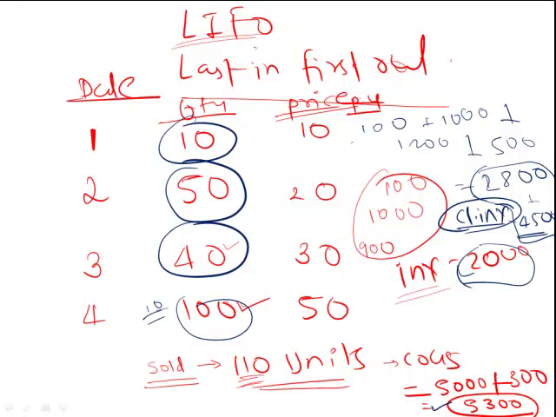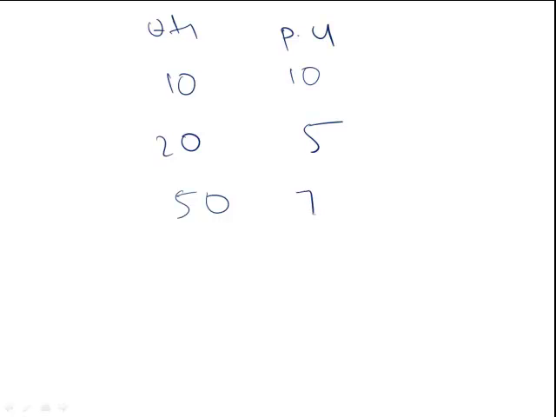Now instead of that, if you wanted to use a method called weighted average, let's create a scenario. We would say 10 units at 10 rupees per unit, this is per unit price, this is quantity. 20 units at 5 rupees per unit, and 50 units at, let's say, 20 rupees per unit.